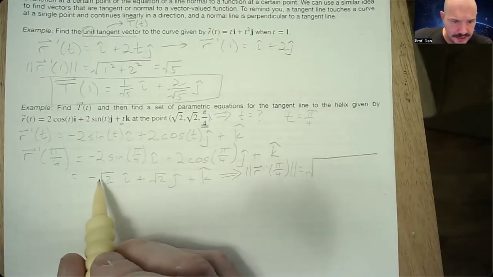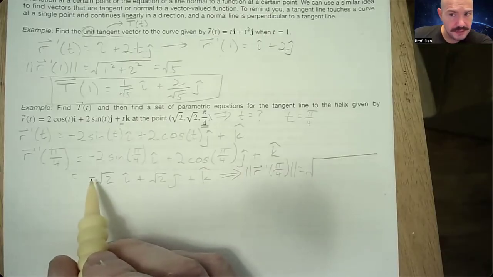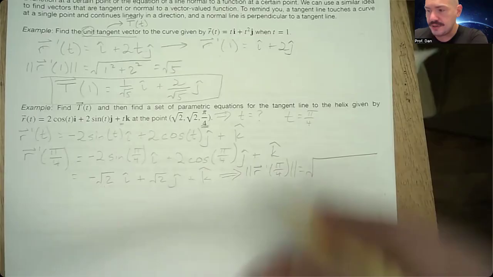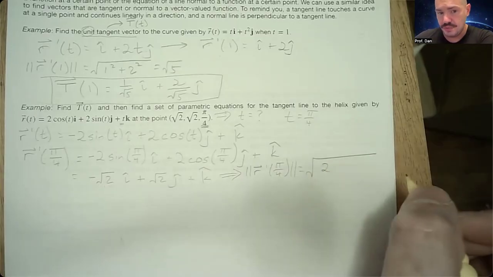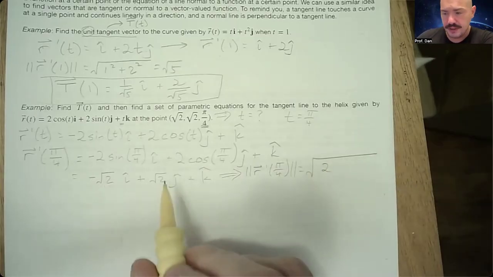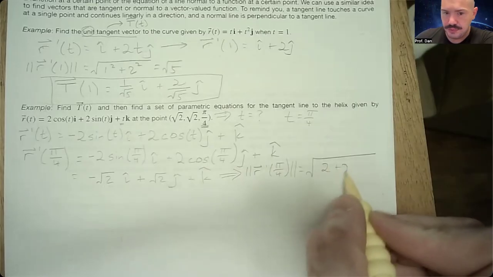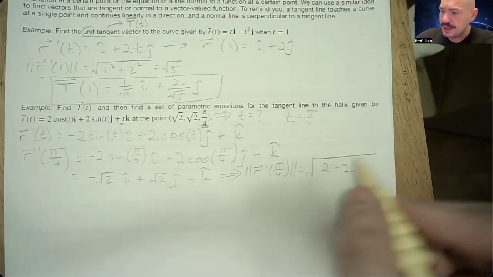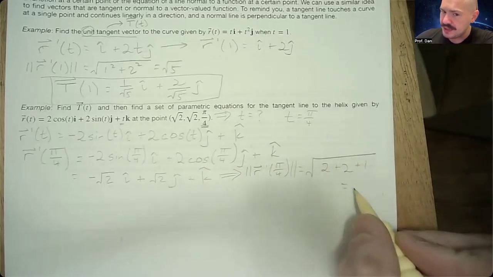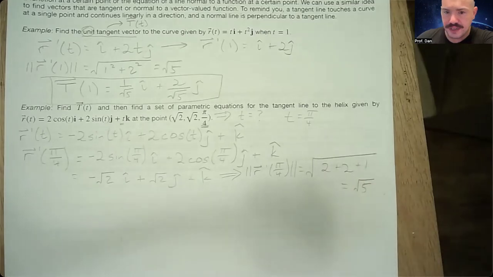If I square this, first off, it'll be positive. But if I square the square root of 2, what do I get? I get just 2. Same thing here. If I square this, I end up getting 2. And if I square 1, I get 1, which means that our magnitude is the square root of 5.